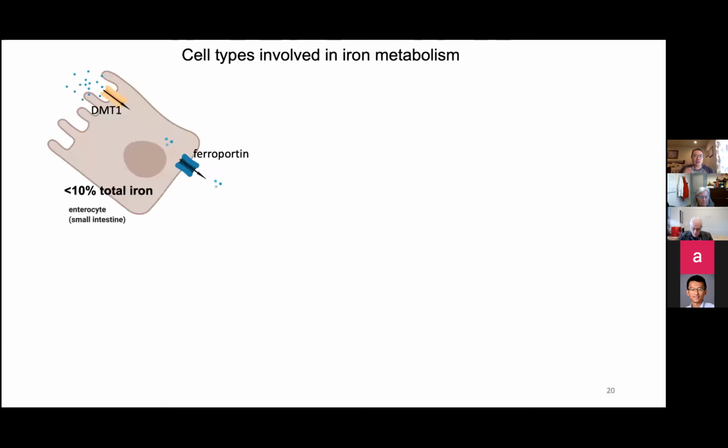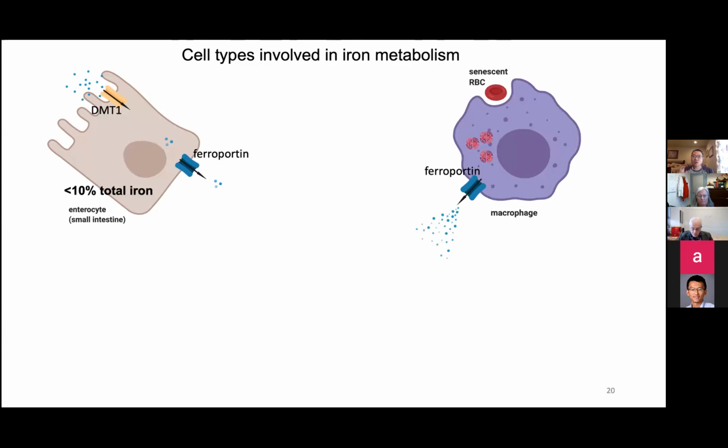First of all, the enterocytes from the small intestine can absorb iron from the food, but this only accounts for less than 10% of the total iron in the circulation. The vast majority of the iron in the circulation comes from the recycling of senescent red blood cells by macrophages. Basically, the macrophages phagocytose the old red blood cells and release the iron from the hemoglobin into the bloodstream.